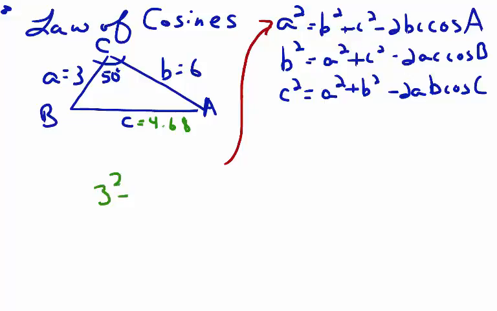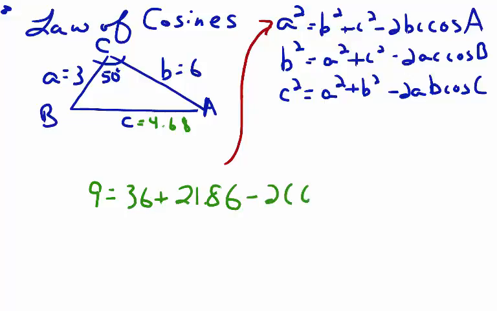A squared is 3 squared, which is 9. So 9 equals B squared, which is 36, plus C squared, which is 21.86, minus 2 times 6 times 4.68 cosine A. Now we'll simplify our equation.